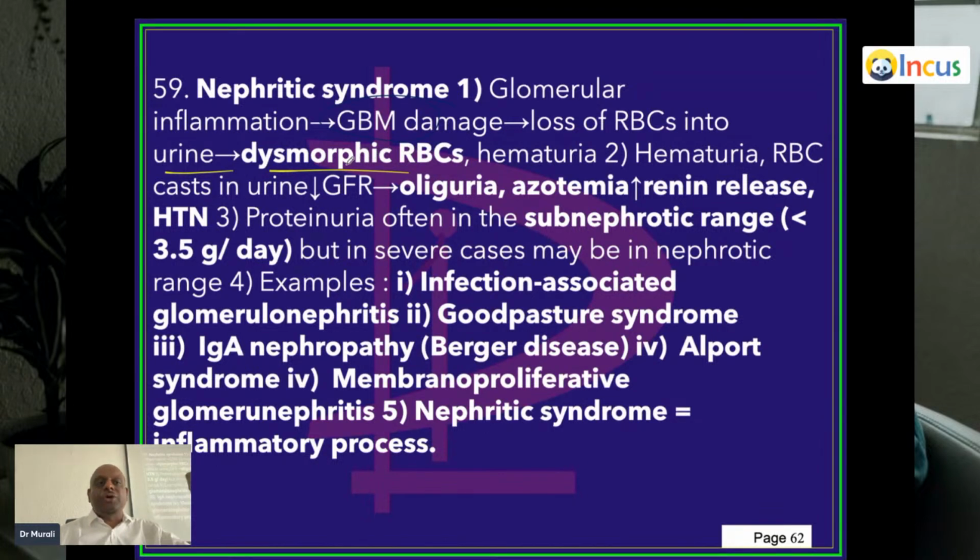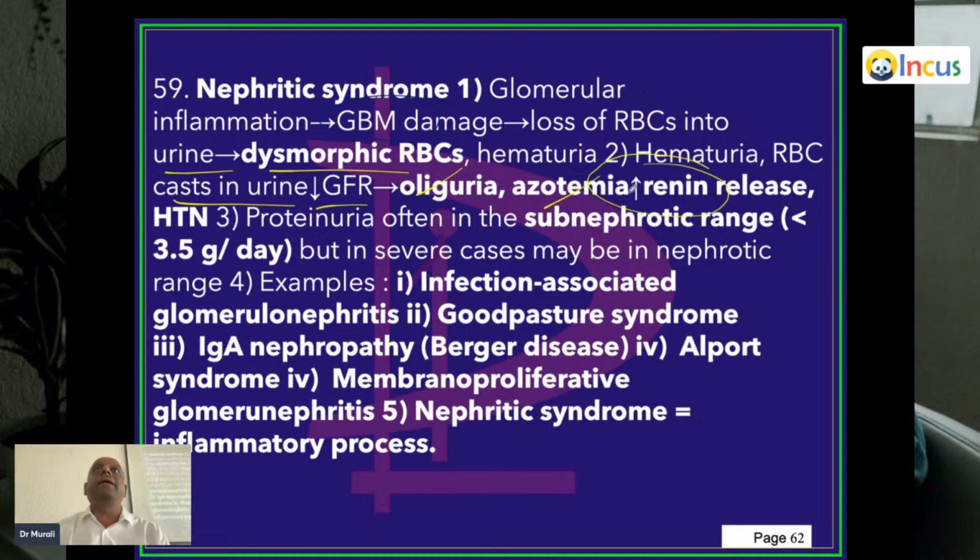So there is hematuria, RBC casts in urine, and a decreased glomerular filtration rate. Because of the decreased glomerular filtration, there is oliguria, azotemia. Azotemia means creatinine, urea getting accumulated. NPN substances means non-protein nitrogenous substances accumulation, urea, creatinine.